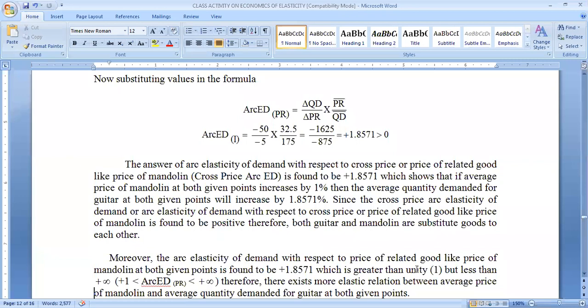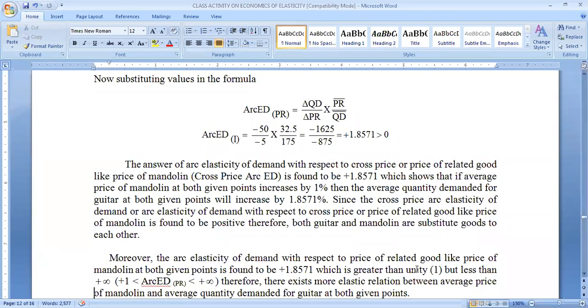As we know that when Madeline becomes expensive, meaning that if price of Madeline is increased by 1%, then the quantity demanded for Madeline will decrease. Hence, the number of consumers of Madeline will switch towards the consumption of guitar. Therefore, number of consumers will increase in the guitar industry.